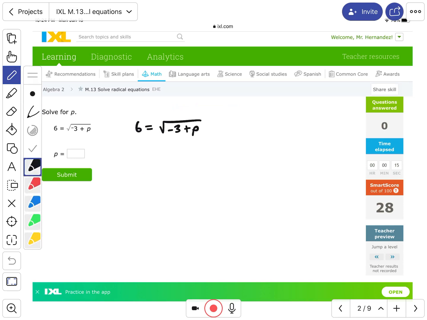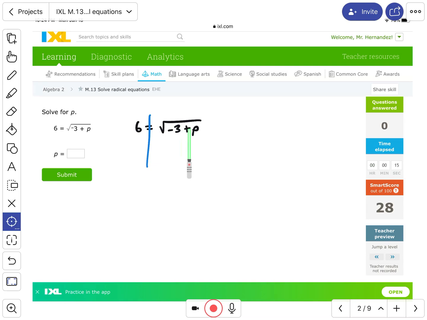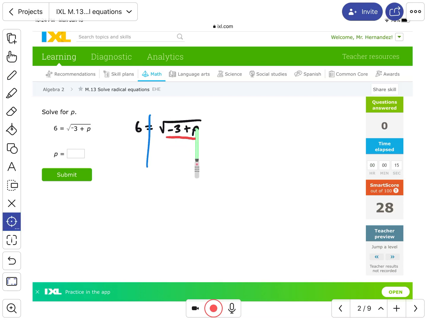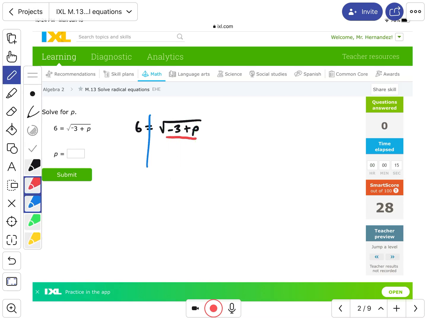So this one looks kind of crazy because you wonder what all this other stuff is doing here. And notice this is all the stuff underneath the radical symbol. So all of this is on one side of the equal sign. There's nothing else except this radical expression.